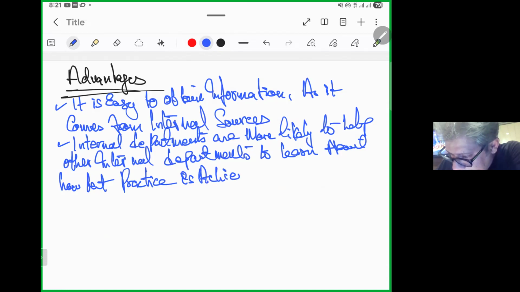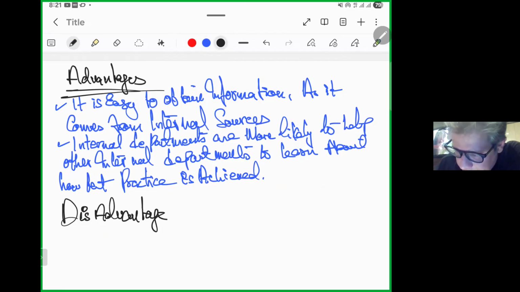Okay, now the disadvantage. It may lead to less challenging benchmarks.